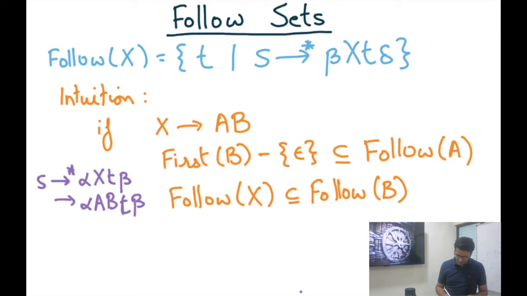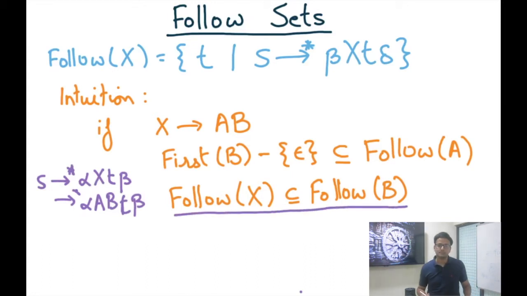And so you can see that there exists a derivation from S such that small t follows capital B, right? In fact, that's true. So anything that follows capital X will also follow capital B. So that's what this rule says: Follow(X) is a subset of Follow(B). Right, so anything that's in Follow(X) can also be safely added to Follow(B) if there exists a production of the form X produces AB.